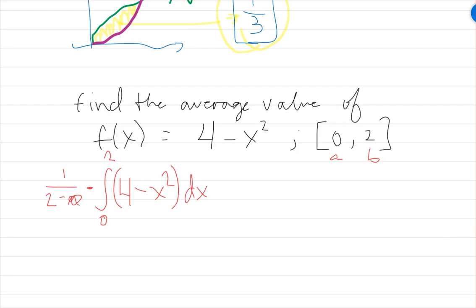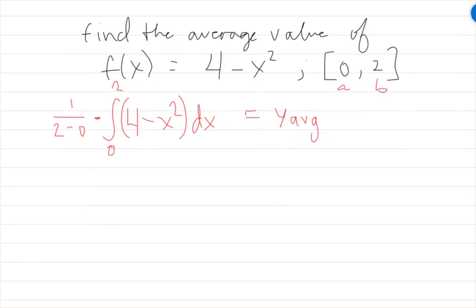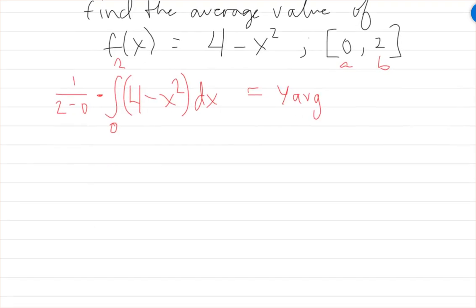Let's put what a equals, which is 0. My touch screen's not liking me today for some reason. Okay, so let's try that again. 0. There we go. And that's all equal to y average. Okay, so that's how we find this average value. So, well, I know that's just 1/2.